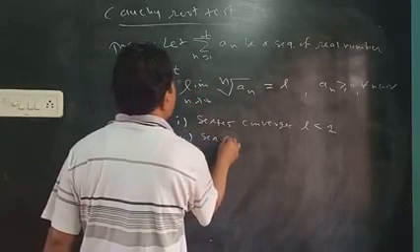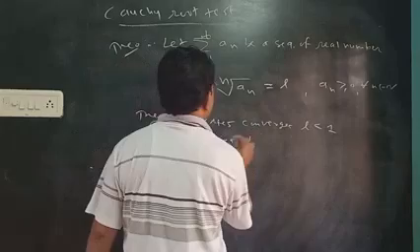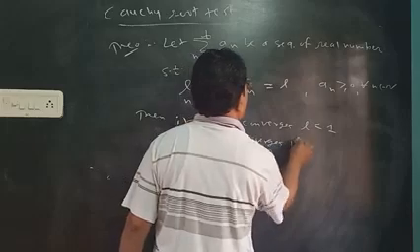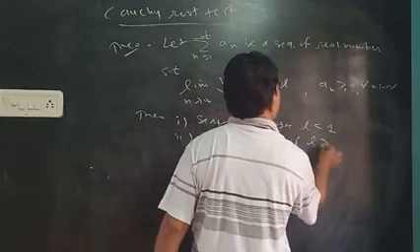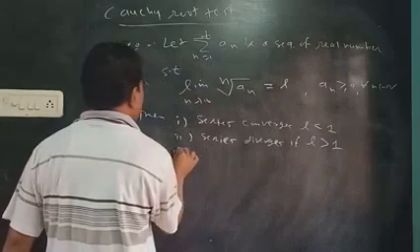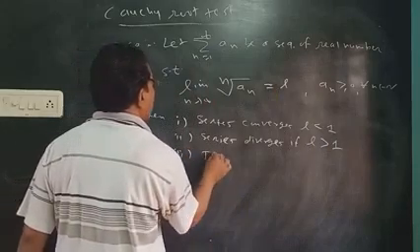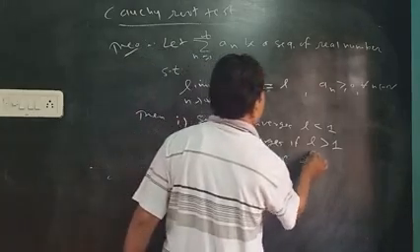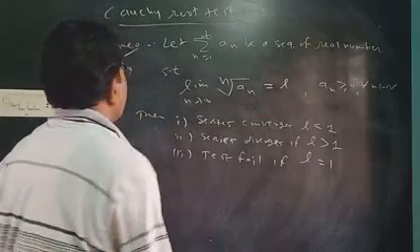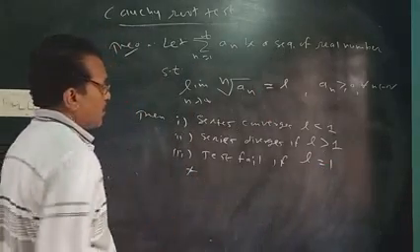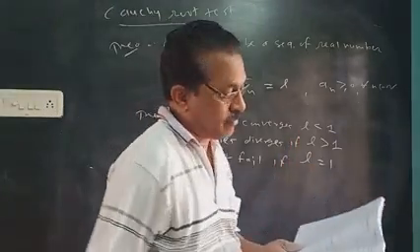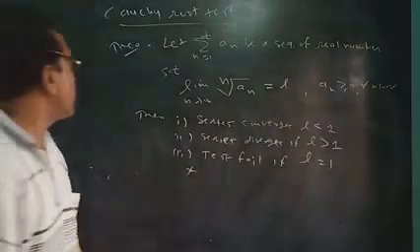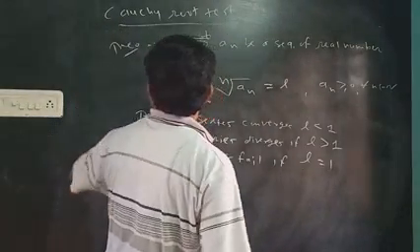Second, the series diverges if the limit is greater than 1, and the test fails if the limit is equal to 1. So three possibilities, same as the ratio test, but here it is the nth root of a_n. Now see examples.